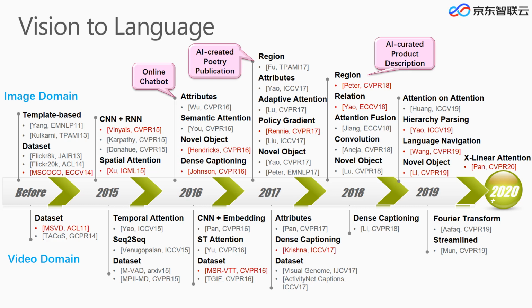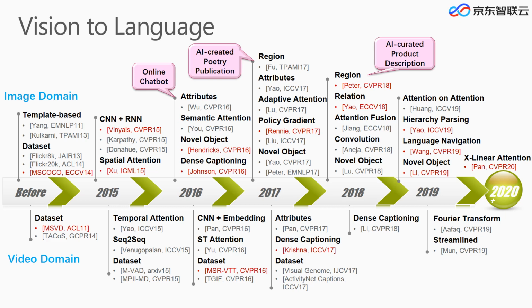After that, the area of image captioning grew very fast. Researchers came up with a series of innovative algorithms, such as augmenting image features with semantic attributes or visual relationships, predicting novel objects by leveraging unpaired training data, and performing high-order or infinite-order multimodal interactions for image captioning.